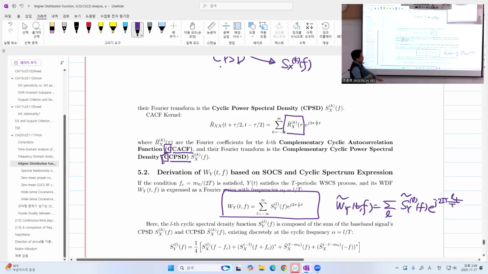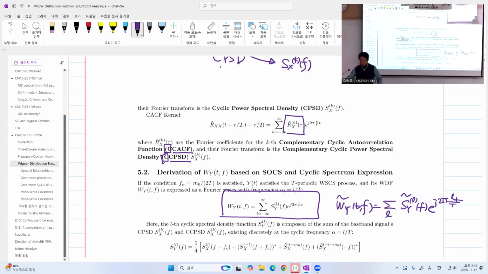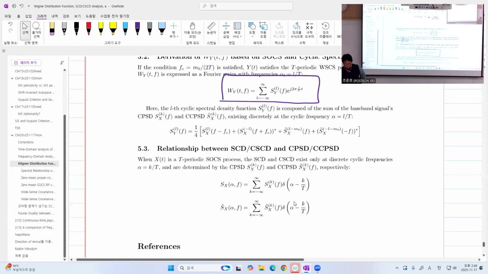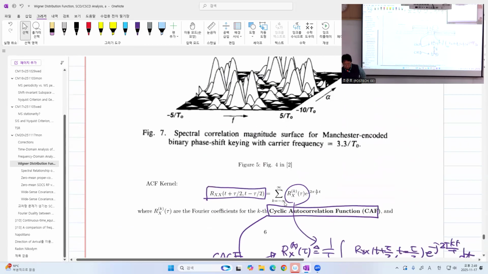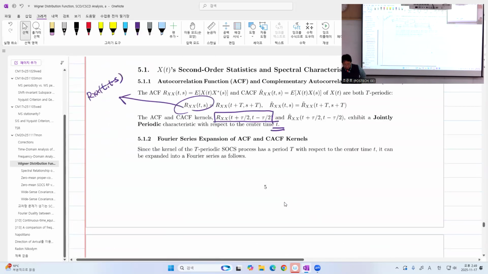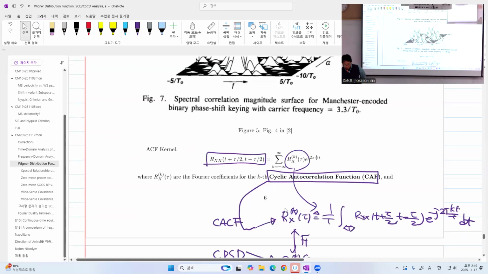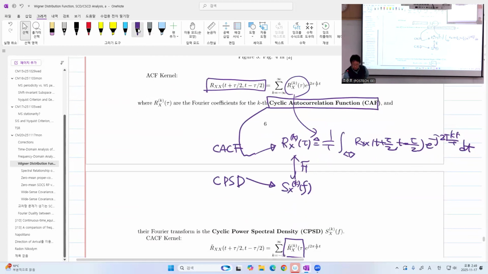Ready? So your Wigner distribution for, not y, sorry about that, for x. A lot of parts are missing. I thought Gemini had written everything, but it seems not.